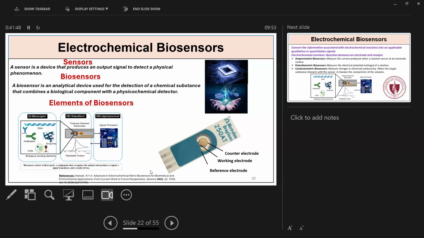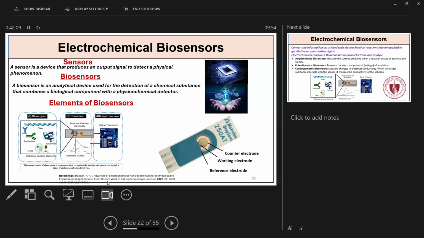That readable output can be of any type. Since we focus on electrochemical, that readable output will be in terms of electrochemical assays and results, and that will be processed with the signal processor. So any biosensor has 3 elements: bioreceptor, transducer, and signal processor.